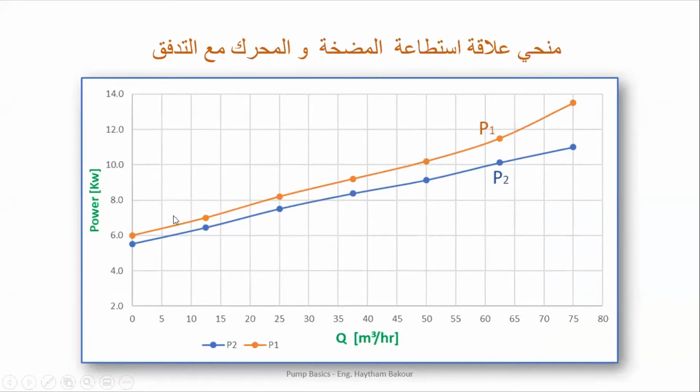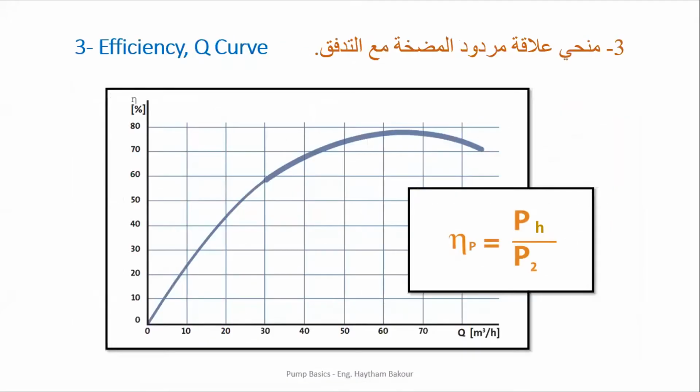And we can see the other curve here, P1 in orange, which is the curve of the efficiency of the motor, while P2 is for the pump itself. We talked about its equations earlier.